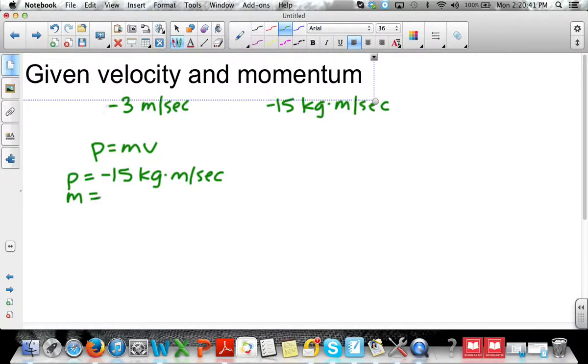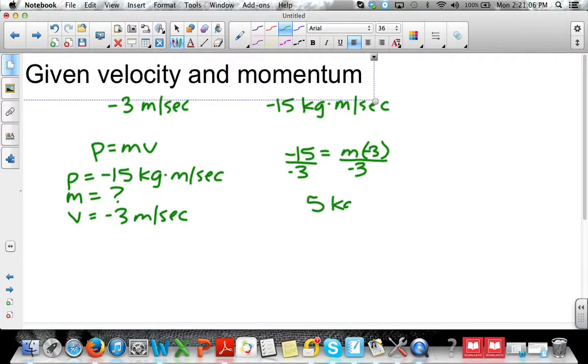M, that's the one I don't know. V is -3. So then go plug all this in, and then I'm going to have to divide to solve for M. So divide both sides by 3. Oops, sorry, it's a -3. And I get 5 kilograms is my mass.